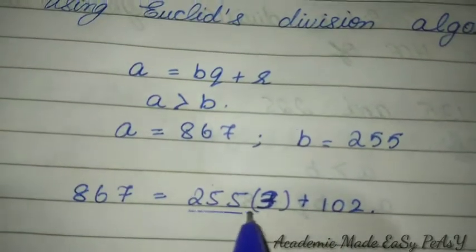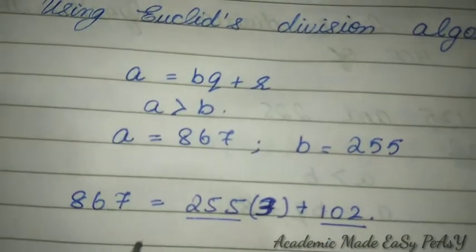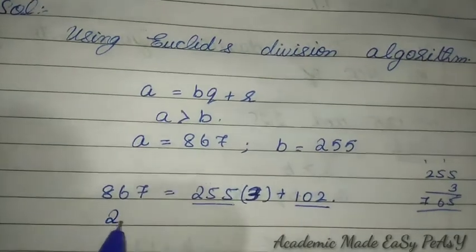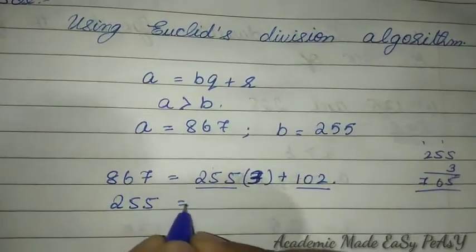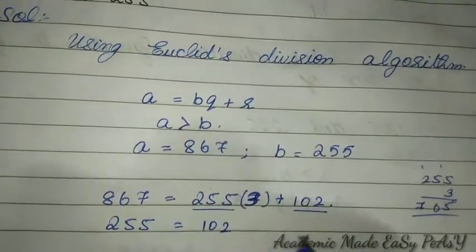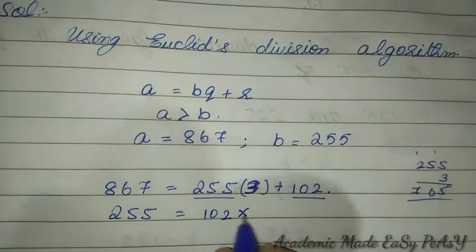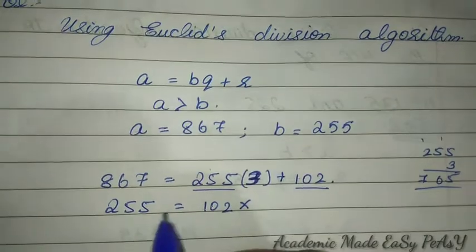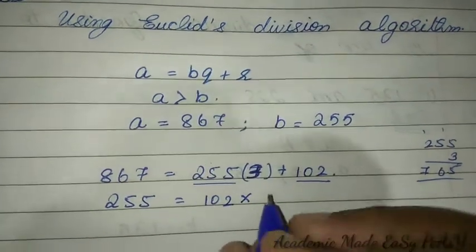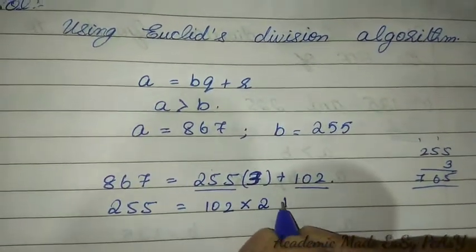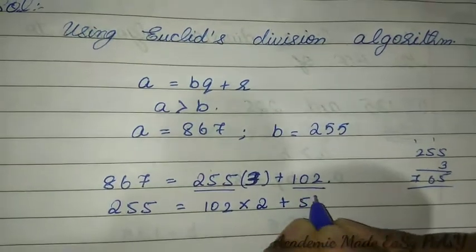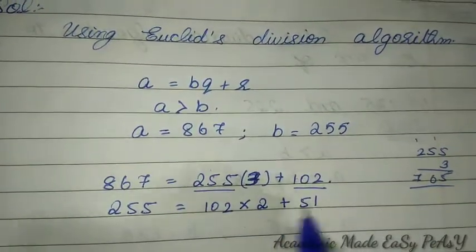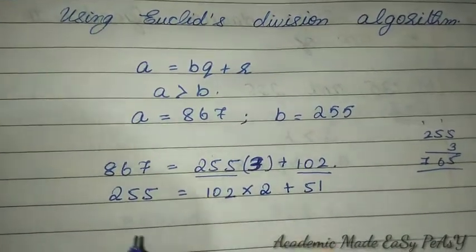Then this one will become my A and this one will become B. 255 is equal to 102. So 102 into 2 if I do, I will have 204, which is near 255. So 2 plus 51. So if I do with that, I will have 255.